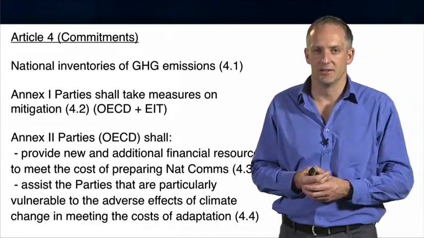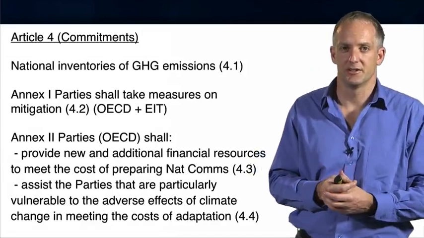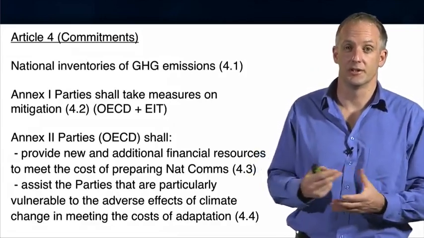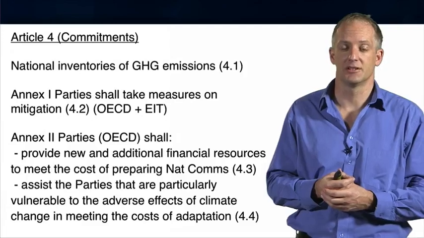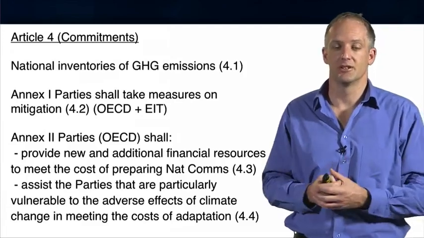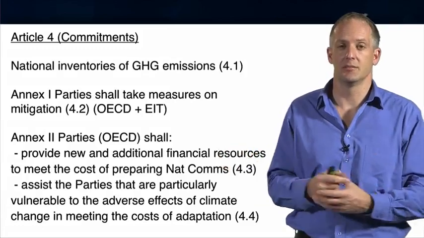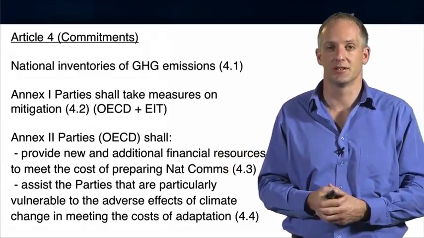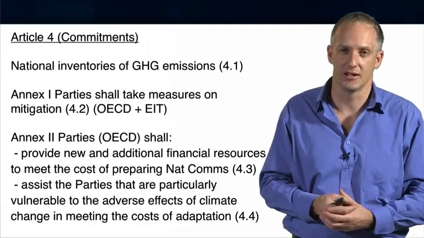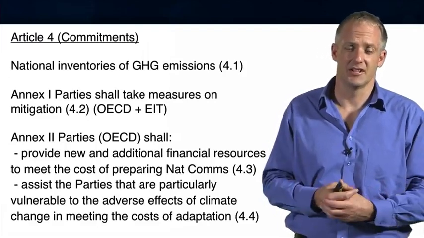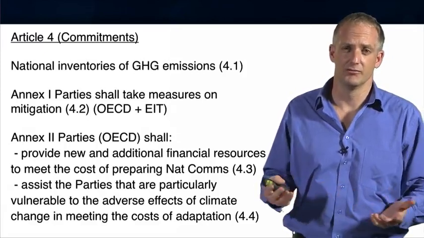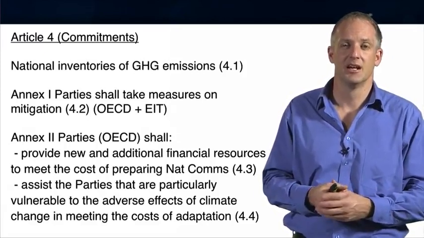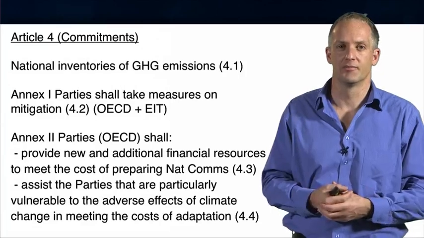It requires the wealthy countries, but not the economies in transition, to provide financial resources to help countries report to the convention, to prepare their national communications, which are reports that countries submit, taking measures of their greenhouse gas emissions and reporting on their vulnerabilities and the steps they're taking on adaptation. The cost of doing that in the South Pacific, about $400,000 US to prepare a national communication, is met by the rich countries.